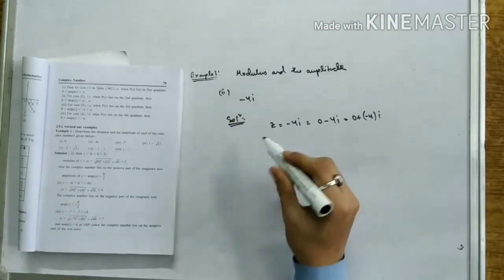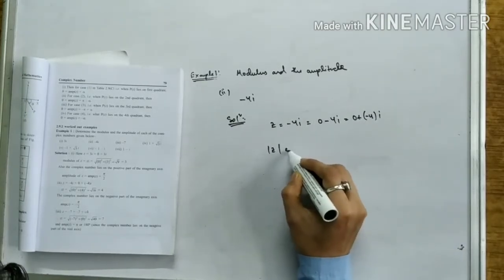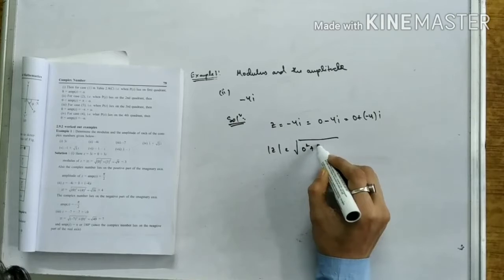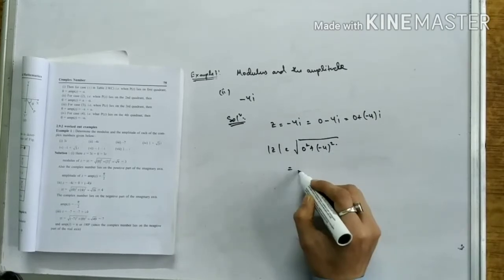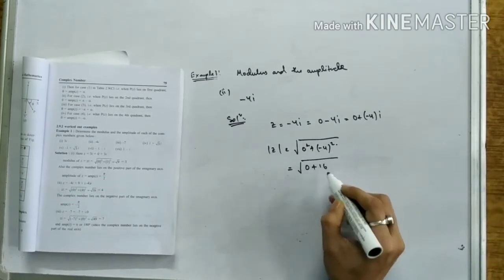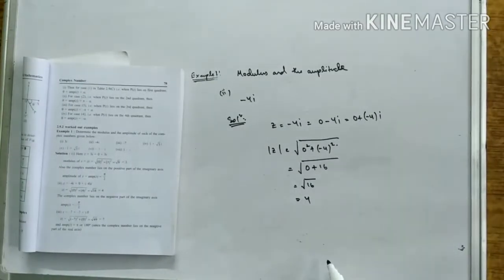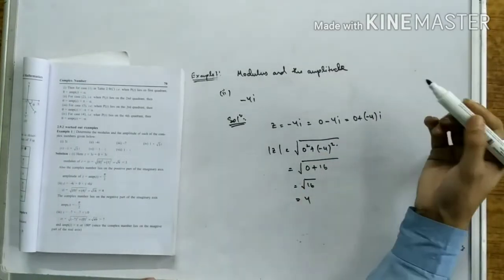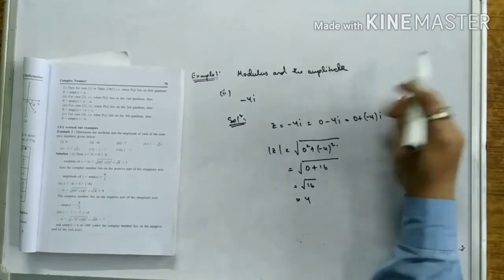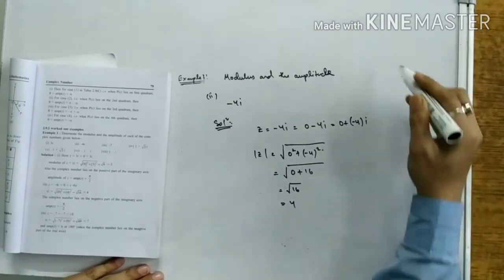Okay, first of all let me calculate the modulus of z. Modulus of z will become root over 0 square plus minus 4 the whole square. This becomes 0 plus 16. This is root 16, so this becomes 4. Modulus of z is 4. Modulus of z means the distance.